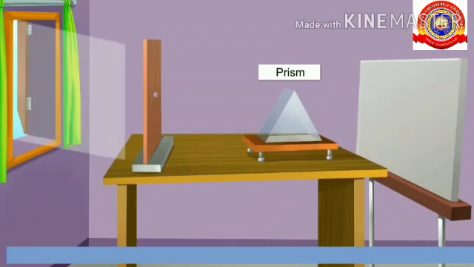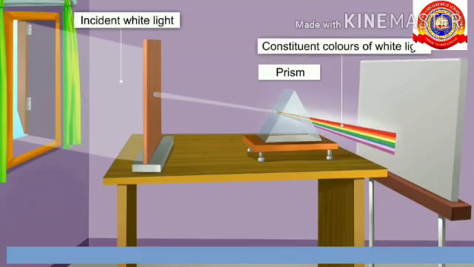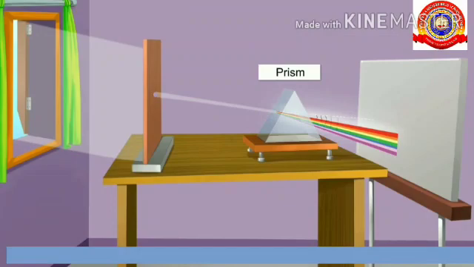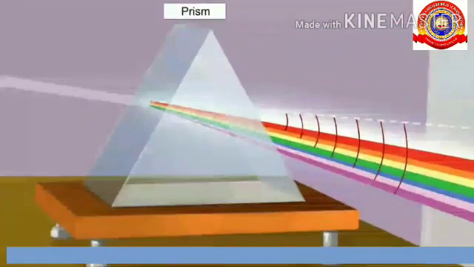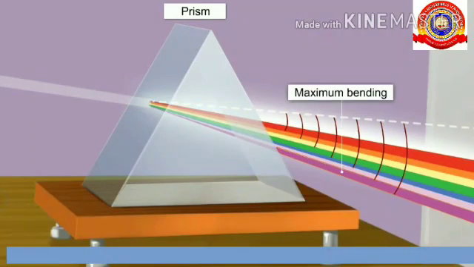When the white light from the sun falls on the prism, it splits into its constituent colors. The splitting occurs because different colors of sunlight bend through different angles with respect to the incident ray when they pass through the prism. The red light bends the least, the violet bends the most. Thus, we are able to see the visible bands of colors.